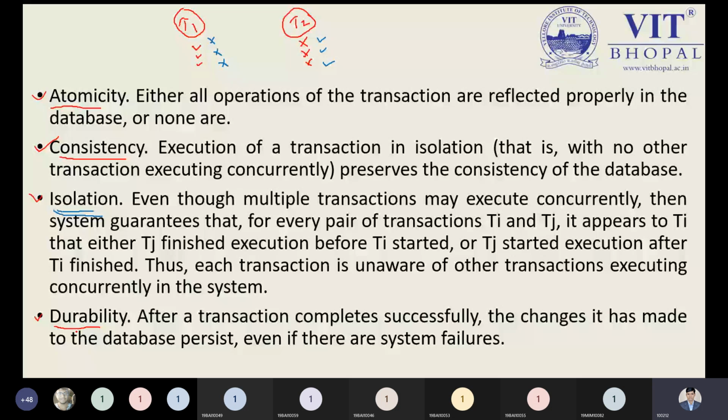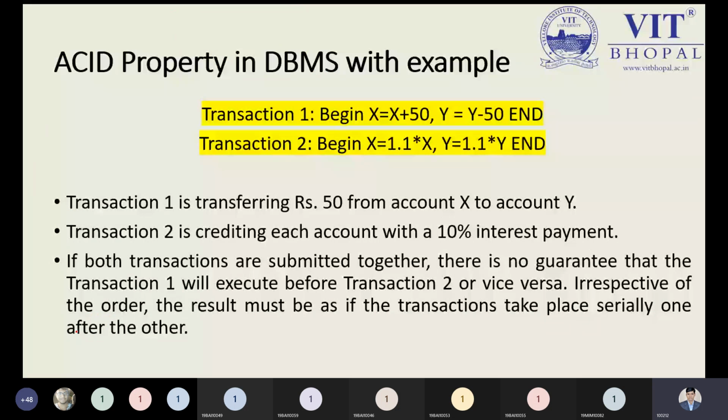Now I'm moving to my next concept, the ACID properties in a database with an example. If I'm speaking again about what is meant by the ACID properties, let me explain this concept with an example. First we have transaction one: begin, X equals X plus 50.